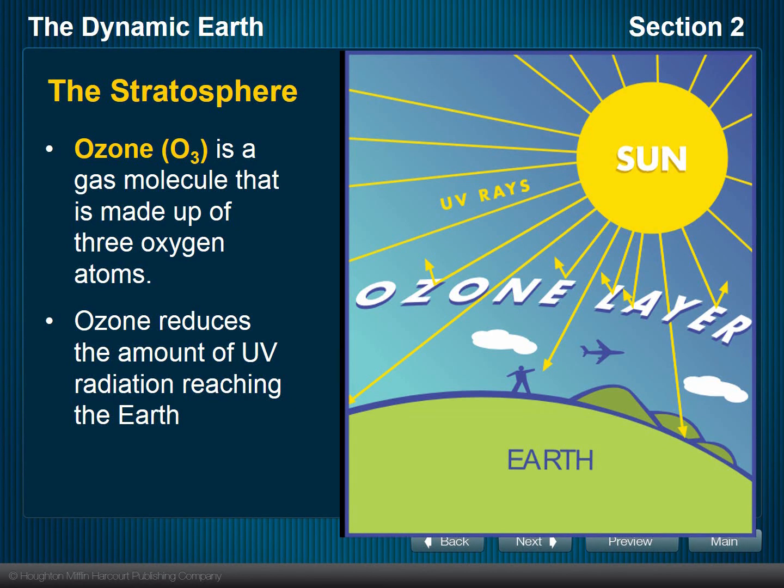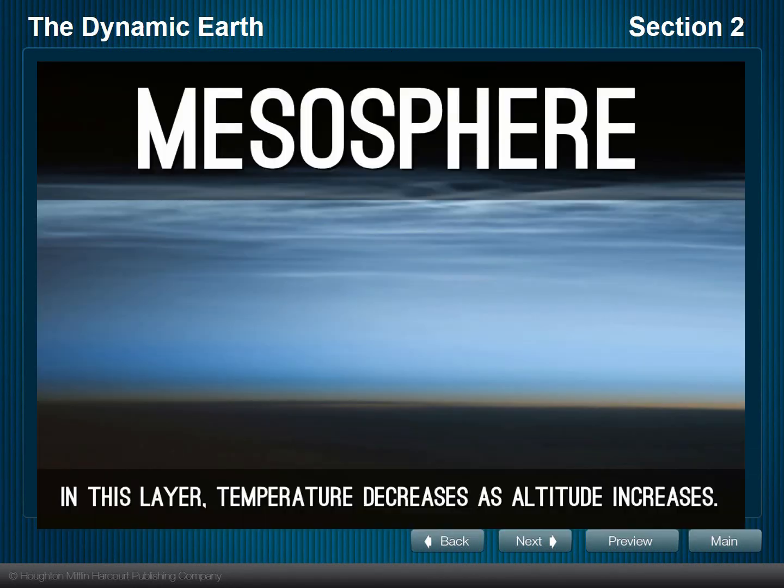UV radiation that does reach the Earth can damage living cells. The layer above the stratosphere is the mesosphere. This layer extends to an altitude of about 80 kilometers. This is the coldest layer of the atmosphere, where temperatures have been measured to be as low as minus 93 degrees Celsius.